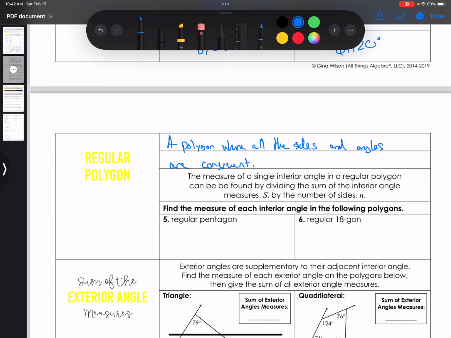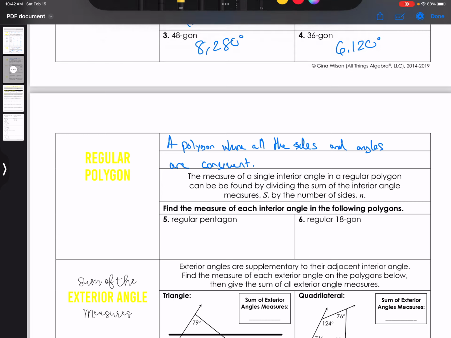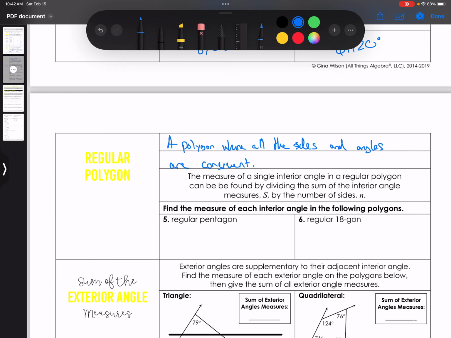Every side's the same, every angle's the same. So we can adjust our formula a bit and ask different questions. These questions say to find the measure of each interior angle of the following polygon. So I want to know each individual angle. I don't want all of them together, but I want one individual one.